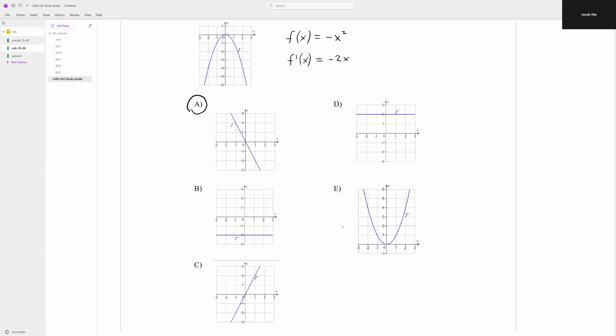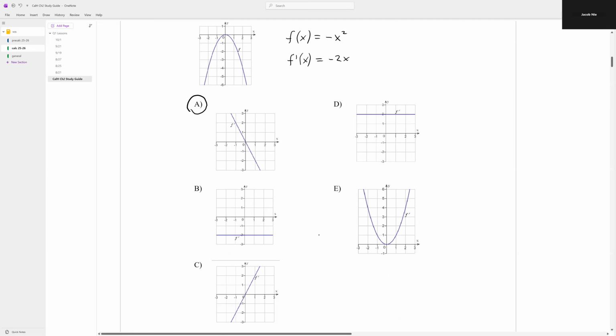Alternatively, you could have analyzed this using the graph itself. We do know that the derivative when x is negative should be positive, right? Because all these slopes are all positive. So when x is negative, the derivative of f of x must be a positive number.